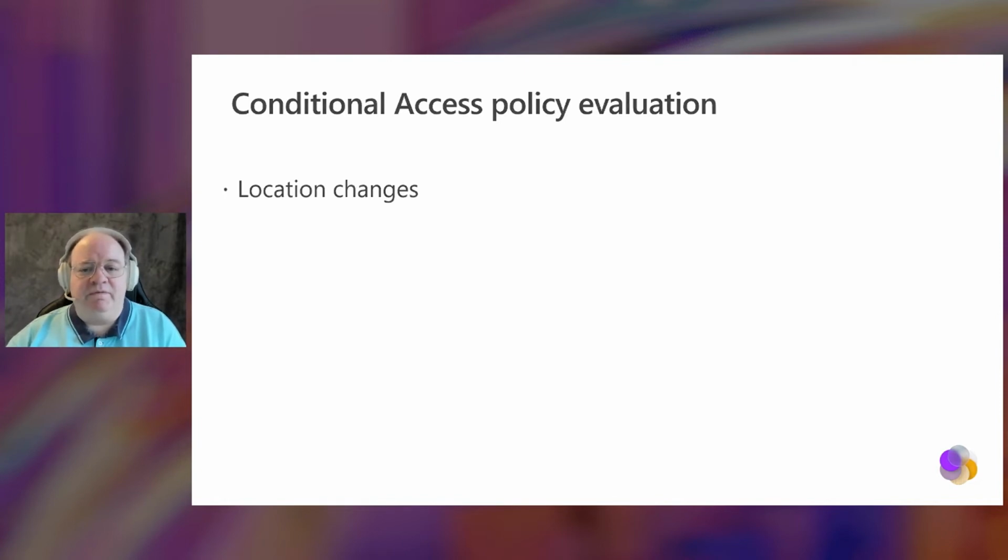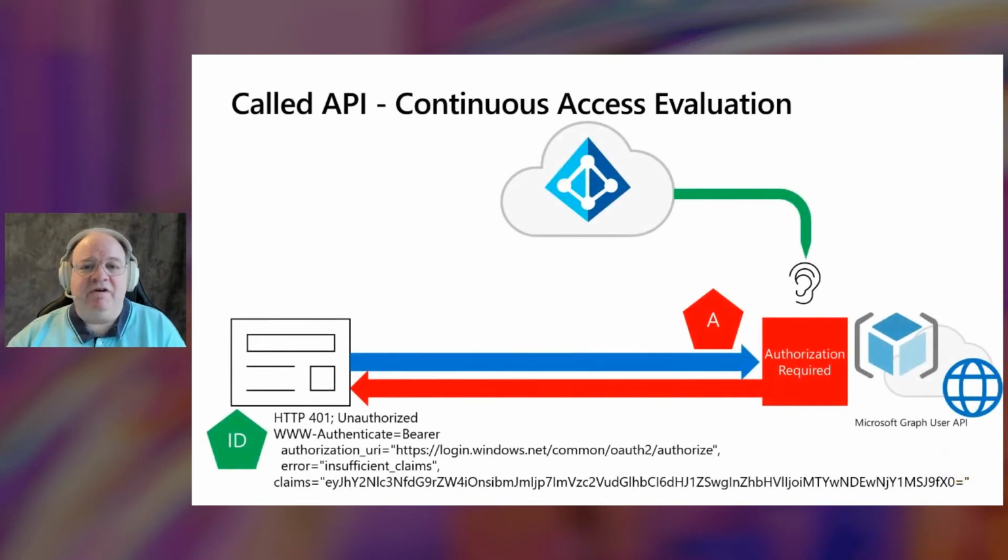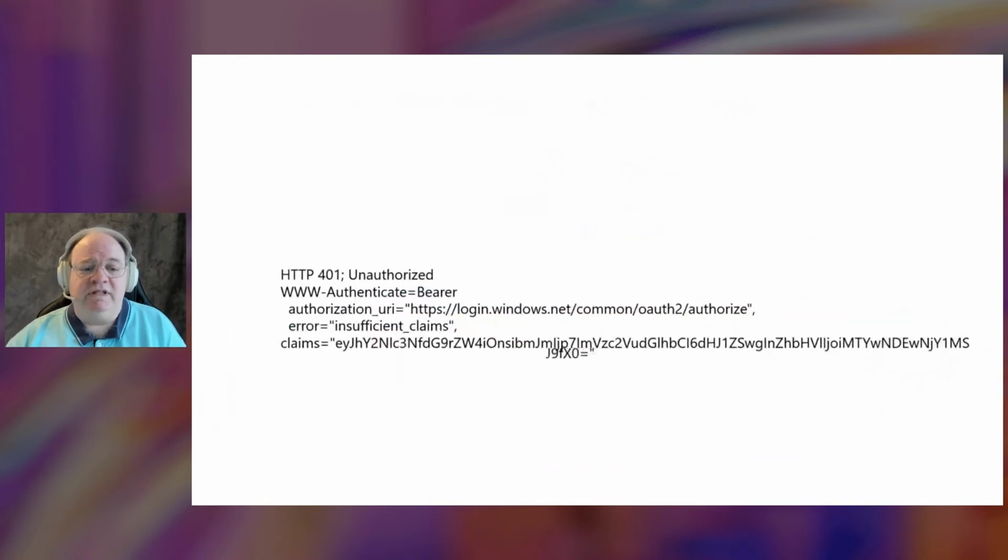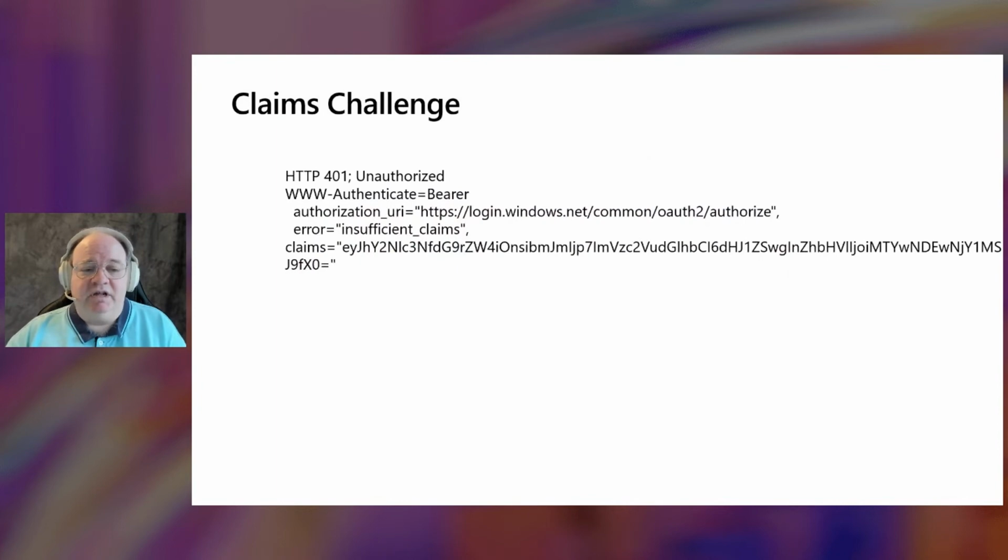Now, if Microsoft Graph had been given that continuous access evaluation event that says no tokens before noon, and this token has been issued at 11 a.m., then Microsoft Graph will return something we refer to as a claims challenge. So you'll still get your 401. You're now unauthorized.